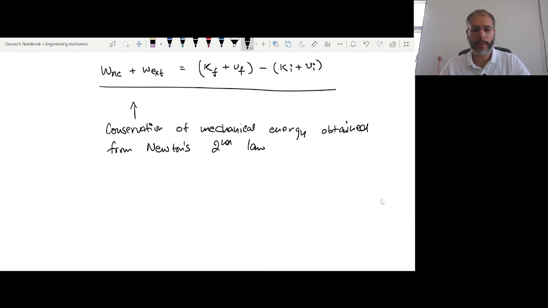So we have situations where sometimes the path is known because the object is moving in a constrained sense.